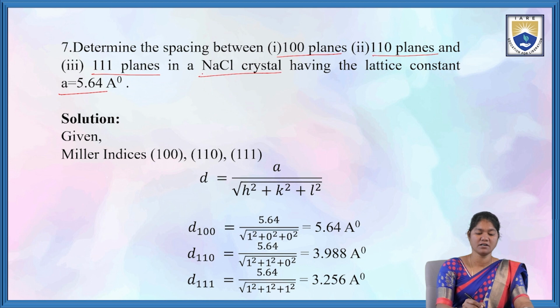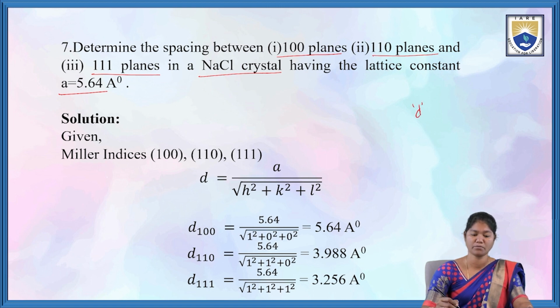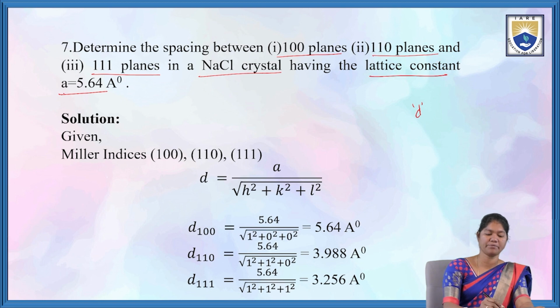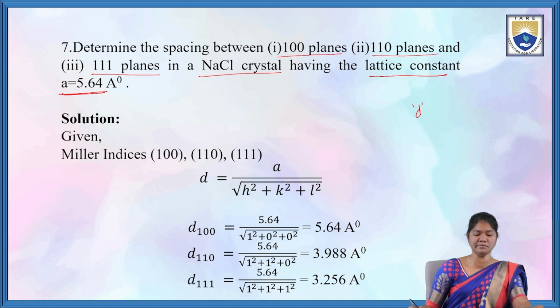So spacing means the d value, the spacing between the 100, 110, and 111 planes for a sodium chloride crystal with lattice constant a of 5.64 angstroms.